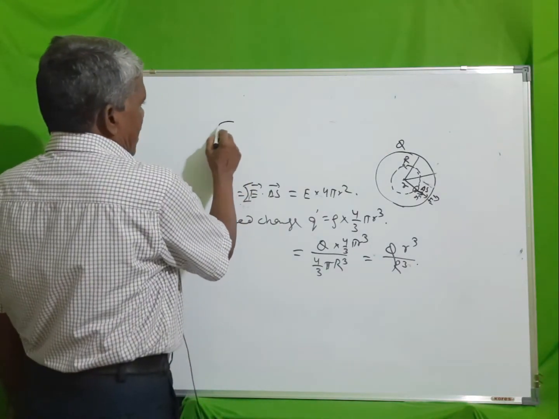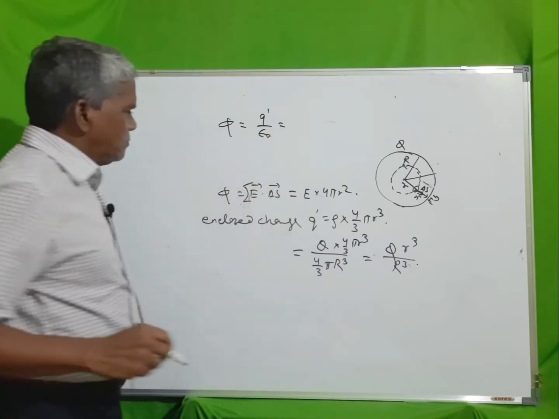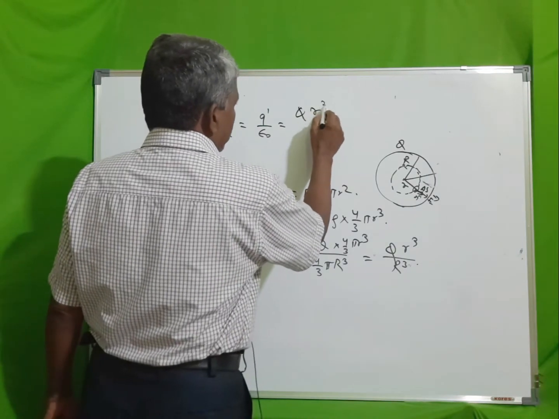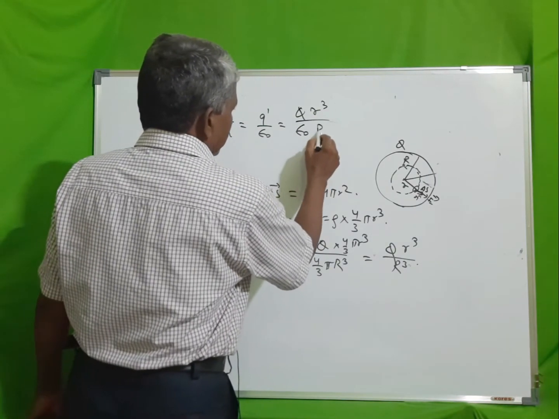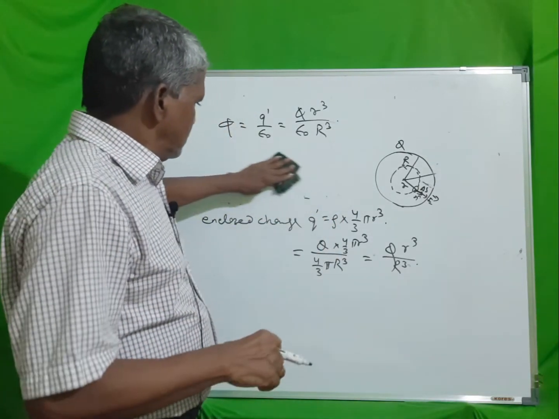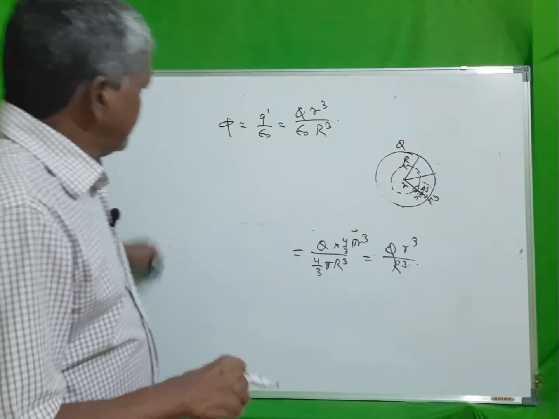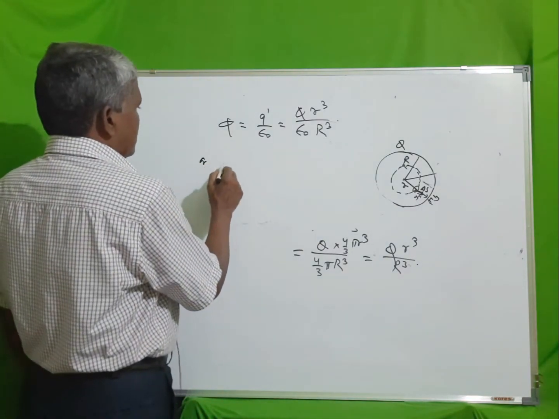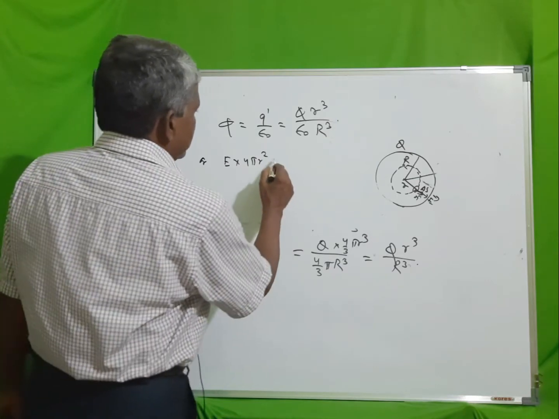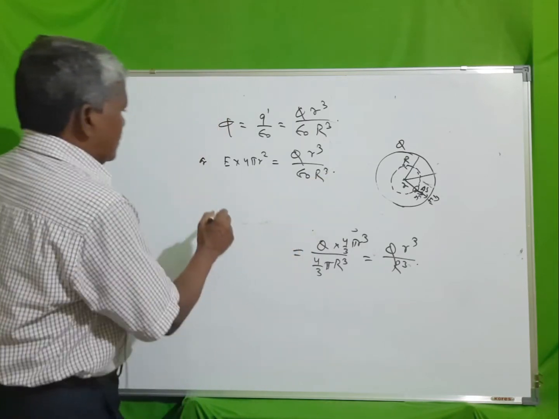Hence, phi is equal to enclosed charge by epsilon 0, that is Q into small r cube by epsilon 0 capital R cube. Or E into 4 pi r square is equal to Q into small r cube by epsilon 0 capital R cube.